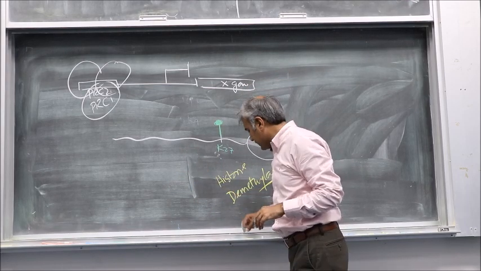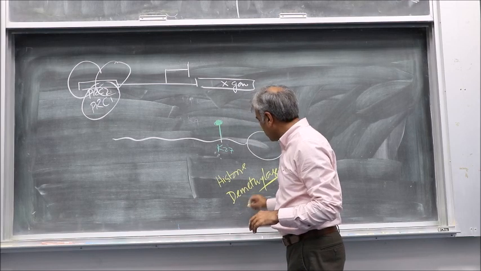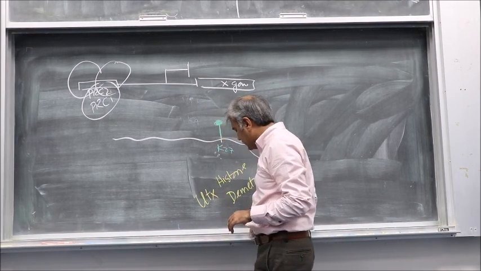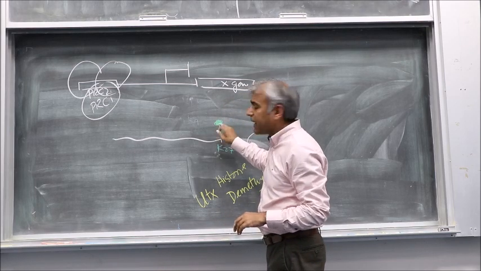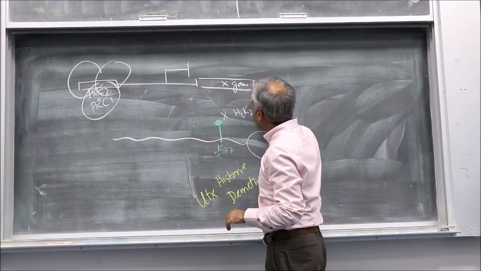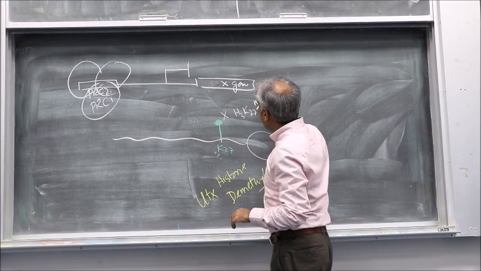But anyway, the histone demethylase, which in this case is called UTX, demethylates. So H3K27 trimethylation is gone.